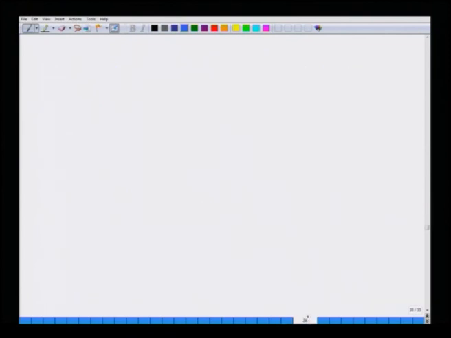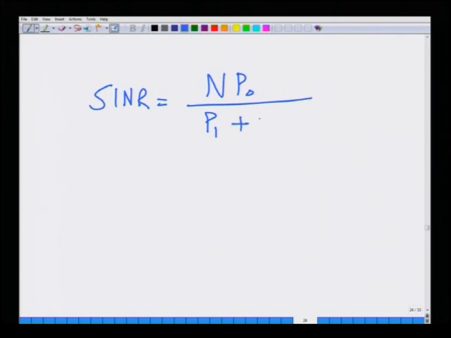Now, we know that the signal to interference plus noise ratio, SINR, in a CDMA system is nothing but n times P0 divided by P1 plus sigma n square.